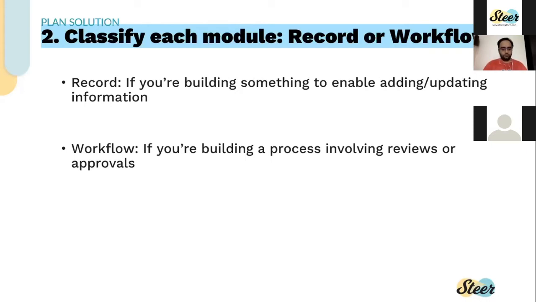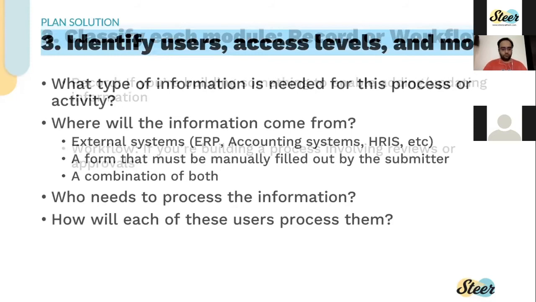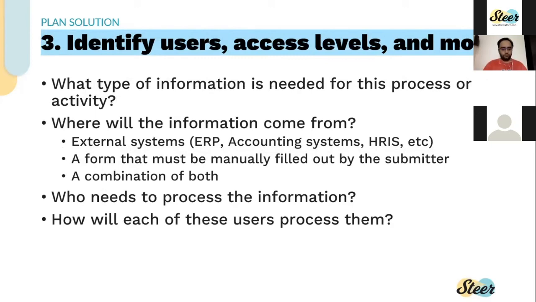Okay. So now that we have set up whether they are records or processes, the next step would be to identify your users, their access levels, and the modes. We need to first identify who are the people who will be participating or using these apps, and how they will be using these apps.